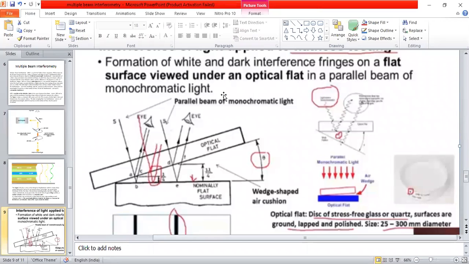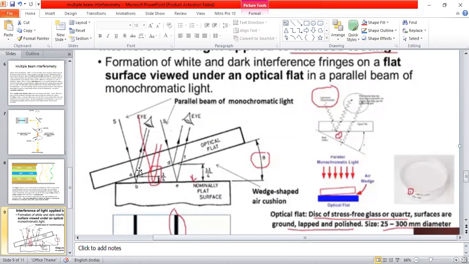A monochromatic parallel beam is incident on this optical surface. Ray A is incident, and part of it is reflected and part of it is transmitted until B, where it reaches the working surface.